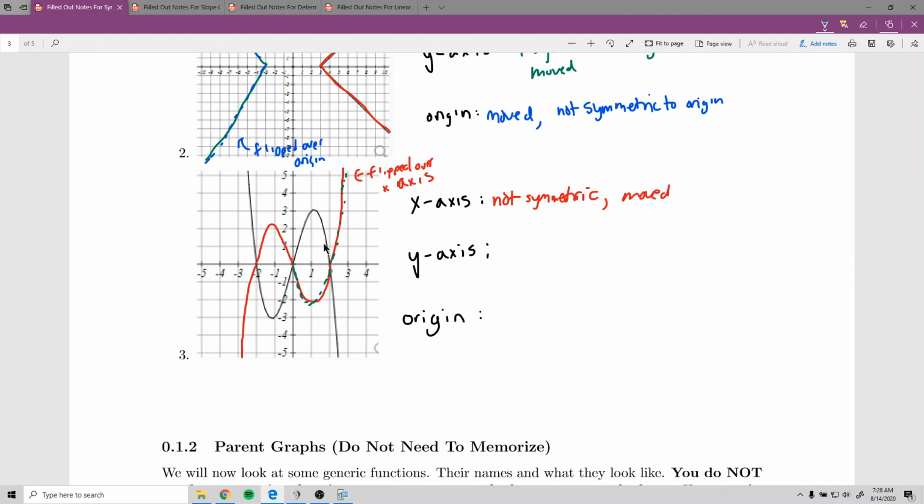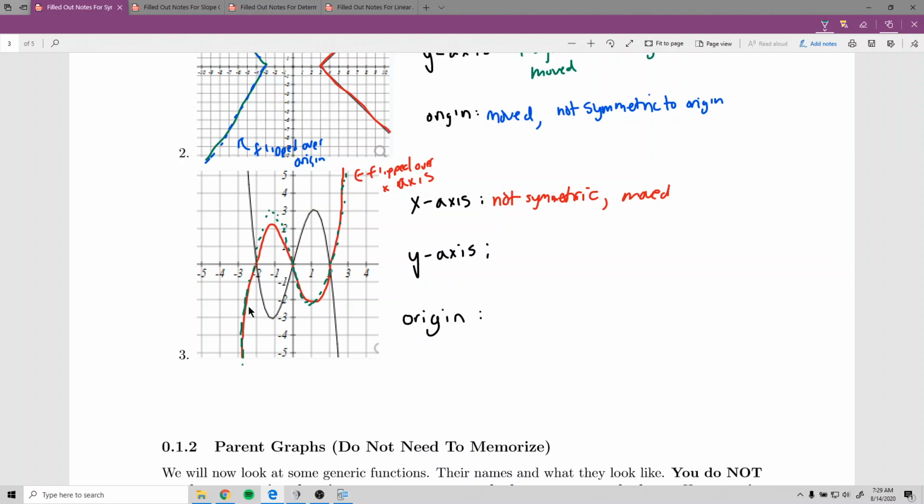Then this little mountain looking part on the right side, when it flips over, it goes to the left side, but it makes a little mountain shape. And then finally, the last little portion here, when flipped over the y-axis, goes to the left side going down.